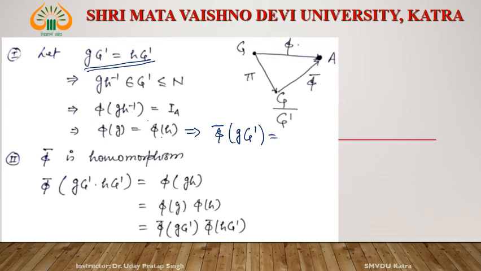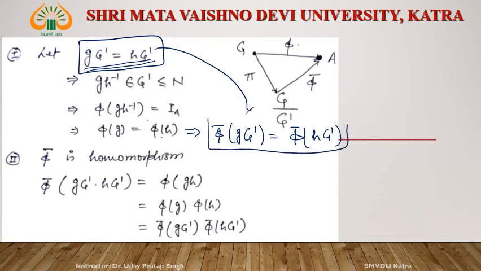And what is phi h? Phi bar h G prime. Okay. It means if elements are equal, then their images are equal. So this phi bar is well defined. First thing is, okay, phi bar is a well defined map.